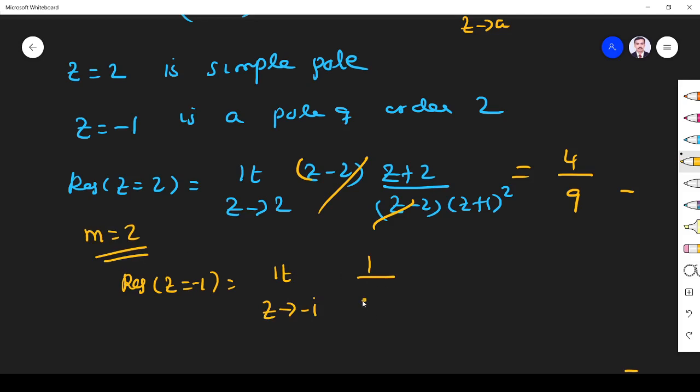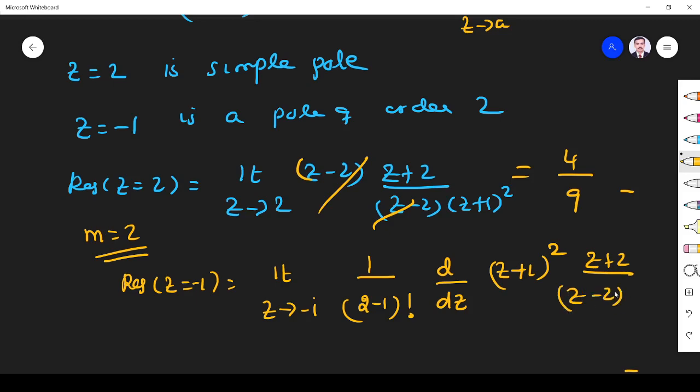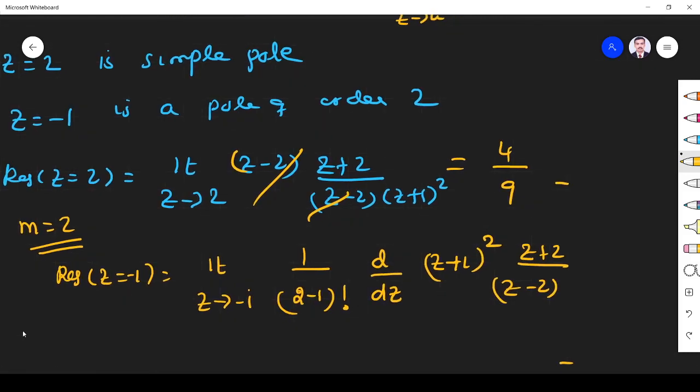So it is 1 by (2 minus 1) factorial, d power 2 minus 1 by dz power 2 minus 1, (z minus (minus 1)), so (z plus 1) power m, that is 2, times f of z. f of z is (z plus 2) divided by (z minus 2) into (z plus 1) whole square.